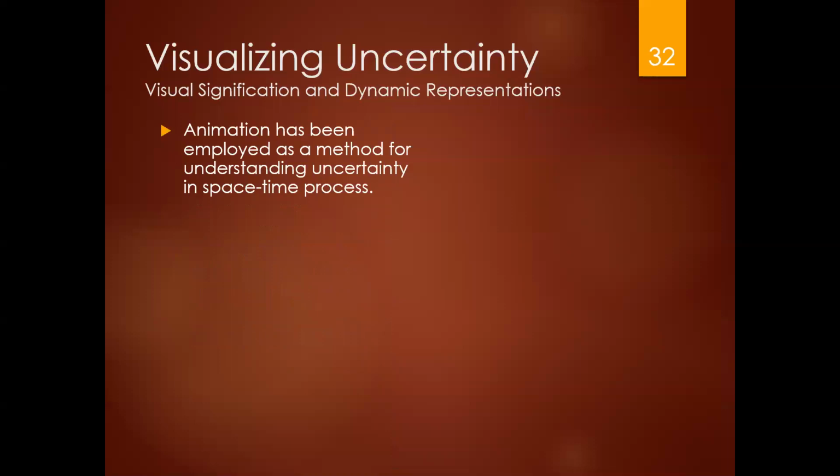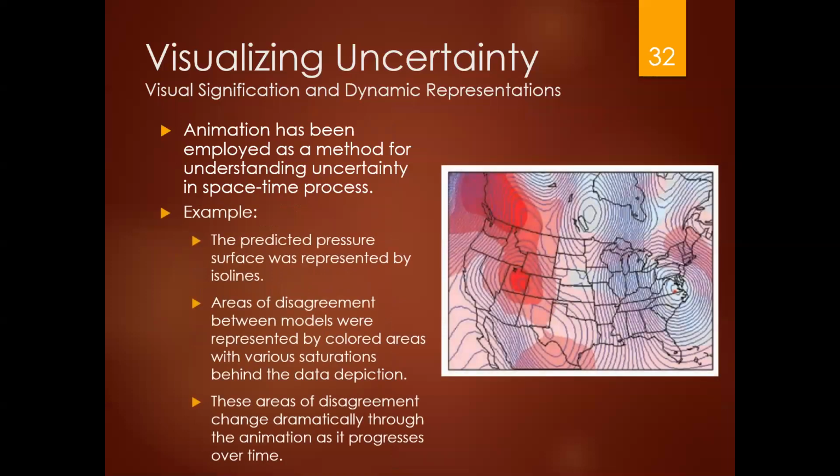And you can also use animation to show uncertainty. For example, here is a frame from an animation showing the pressure surface. The predicted pressure surface was represented by isolines, right? It means that along each isoline, the pressure stays the same.